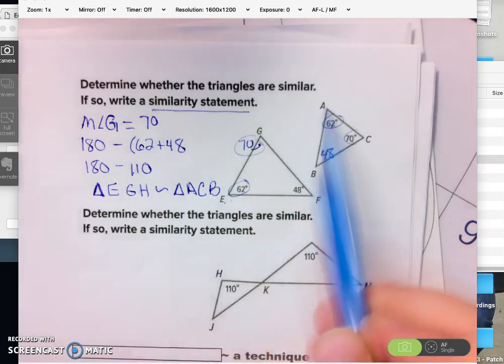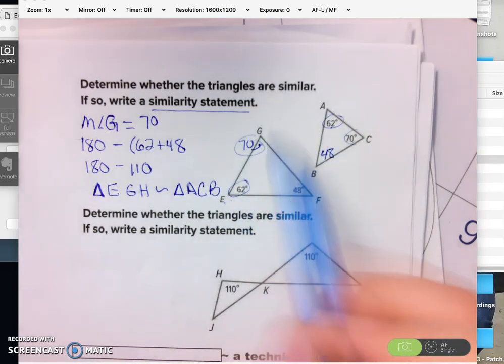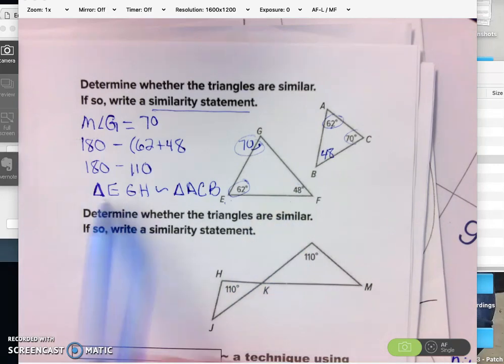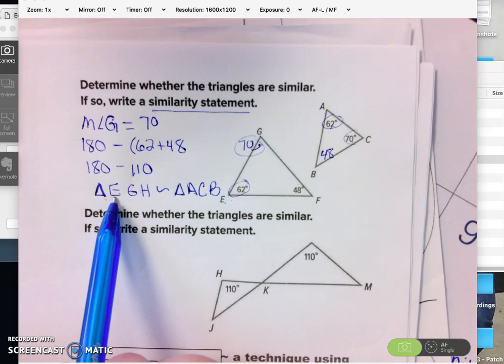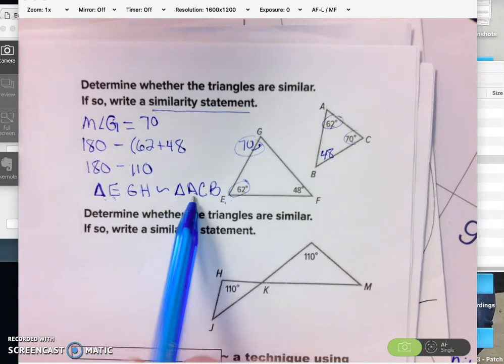Now if I would have gone A, B, C, this would have changed also. It doesn't matter which one you start with, as long as if I start with the 62 here, I have to start with the 62 here.